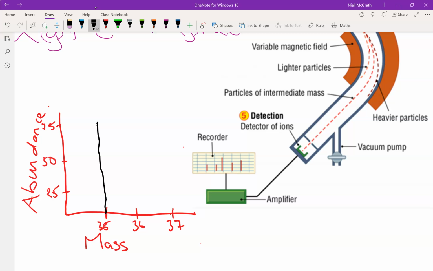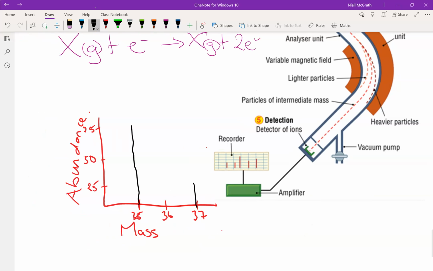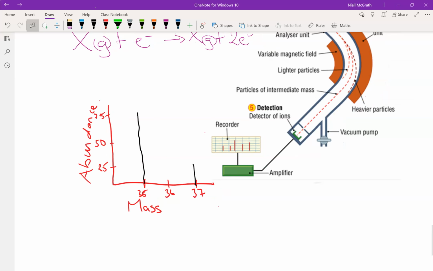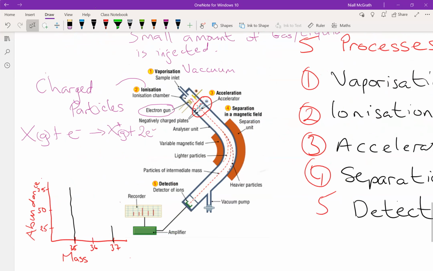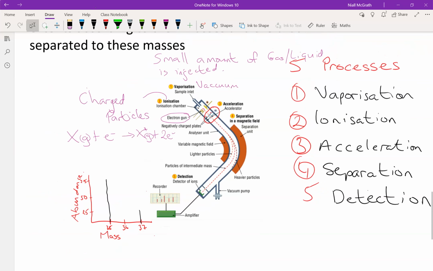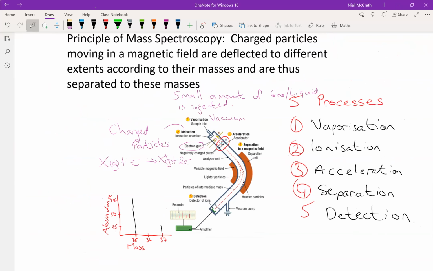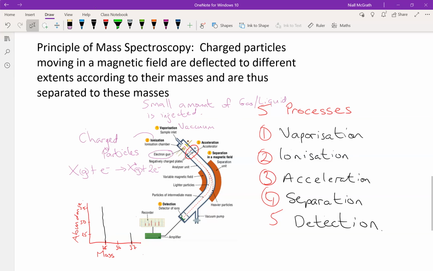And 25% of it has a mass of 37. So that would be our mass spectrum for chlorine. You have your abundance and your mass. And that's your 5 stages of mass spectrometry, or mass spectroscopy, sorry.